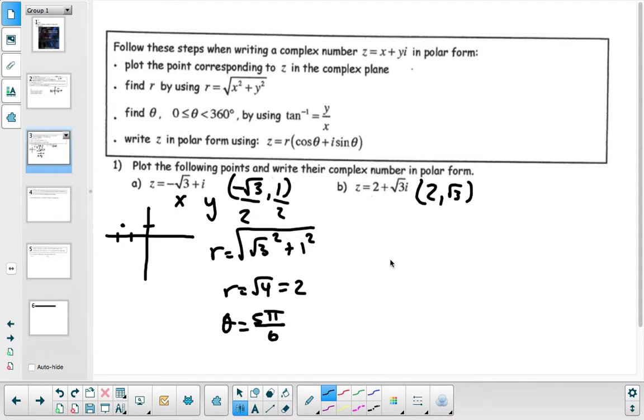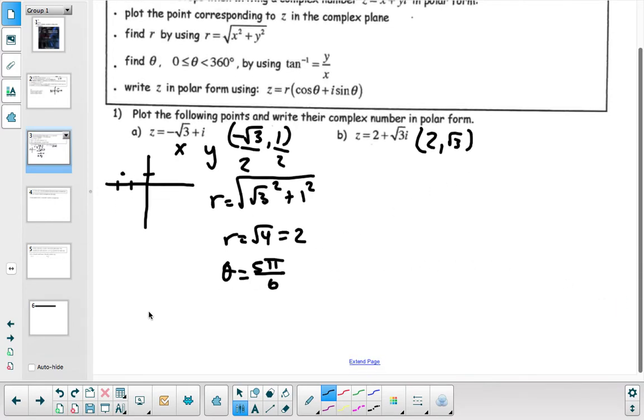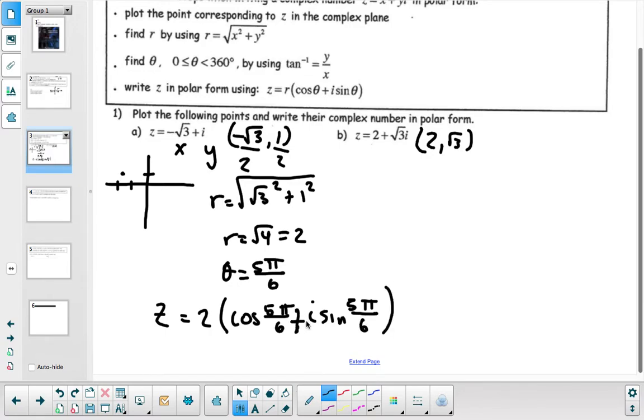So we have all the pieces, we just need to plug it into our polar form. So z is equal to radius 2 times cosine 5 pi over 6 plus i sine 5 pi over 6. Shame on Mr. Renicky for putting a comma. That should be a plus sign. All right, so that's it. You actually don't get to figure out what cosine of 5 pi over 6 or sine of 5 pi over 6 are.